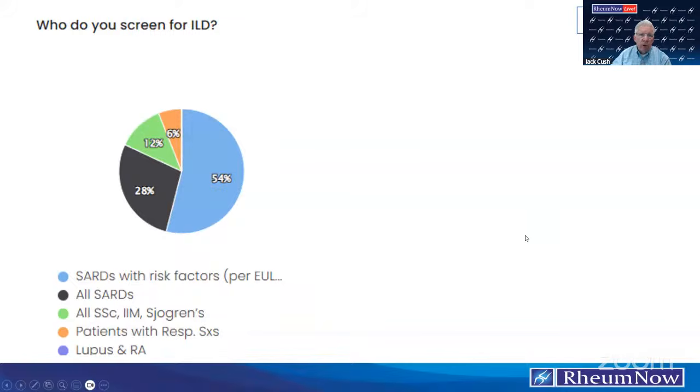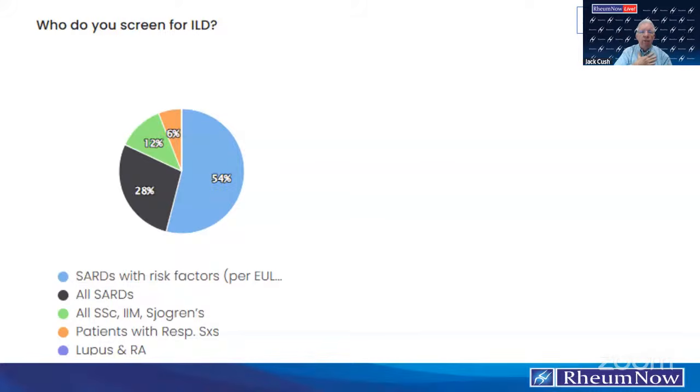In pulmonary, they call them CTD ILDs or CTDs. But the ones who have risk factors, or all SARDs, 28%. And then being more specific and picky: only in my scleroderma, my myositis and Sjogren's, or only in my lupus and RA, or only with respiratory symptoms. So again, what's the right answer here?